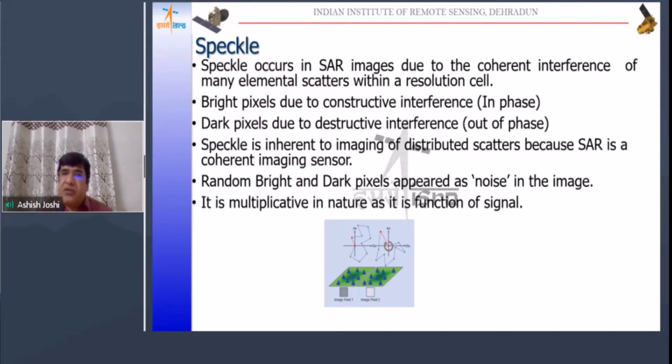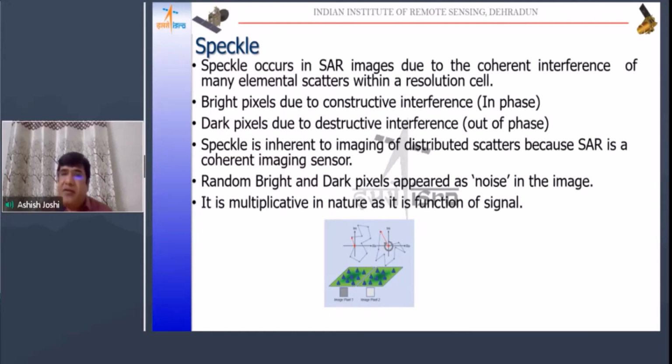Okay, so now we know the SAR also has speckle. So what are the post-processing techniques for removing that speckle? Now what is the speckle? The speckle occurs in the SAR image because it is a coherent sensor. Due to its coherent nature, there will be interference between the scatterers, constructive interference and destructive interference.